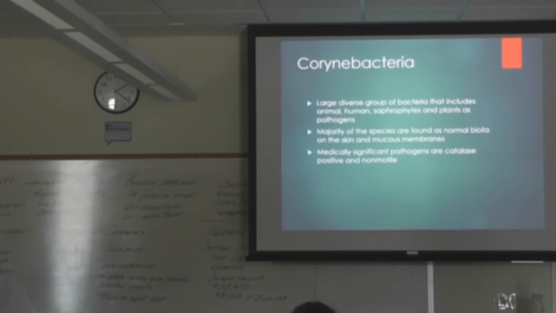Medically significant pathogens are catalase positive, and they're going to be non-motile. So non-motile wise, who does that not help you with? Bacillus and Moraxella, right? But would Bacillus and Moraxella be normal biota on the skin or mucous membranes? No. So that's an easy one right there.